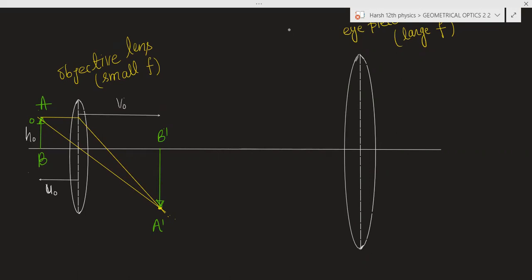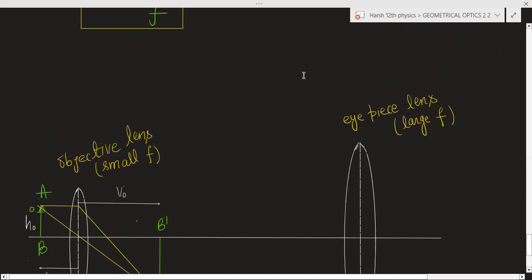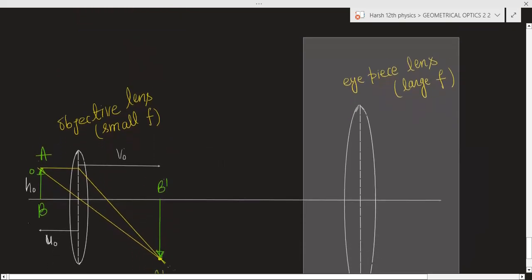V0. Why am I writing VO? Because this is the image formed by the objective lens. Now the game of the eyepiece will start, and this is the main game.